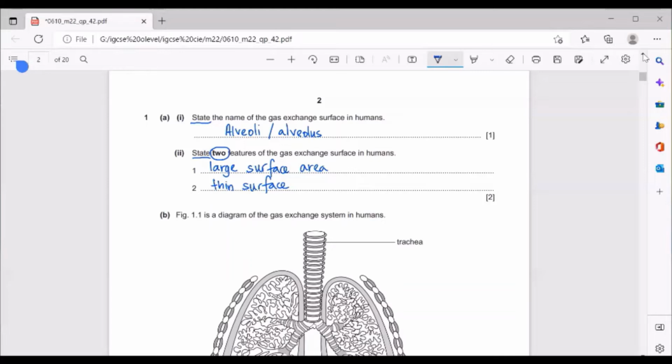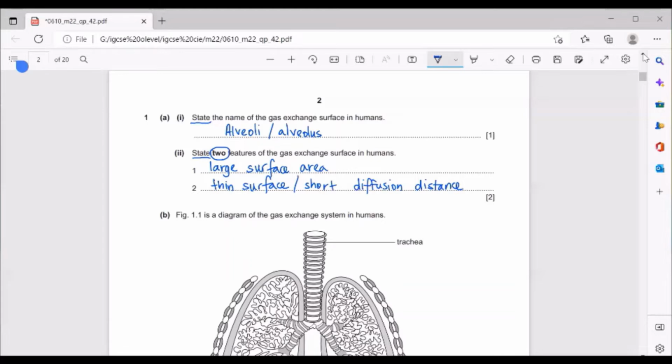So instead of writing thin surface, you may also give your answer as short diffusion distance. But they mean the same thing: thin surface, thin wall, or short diffusion distance.